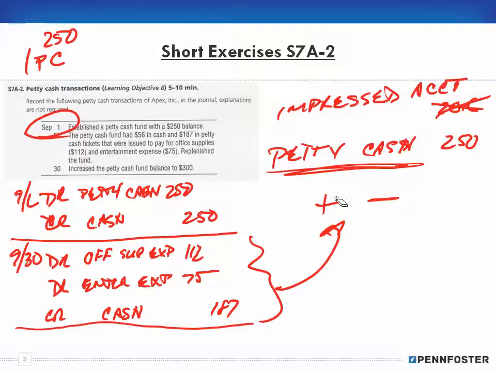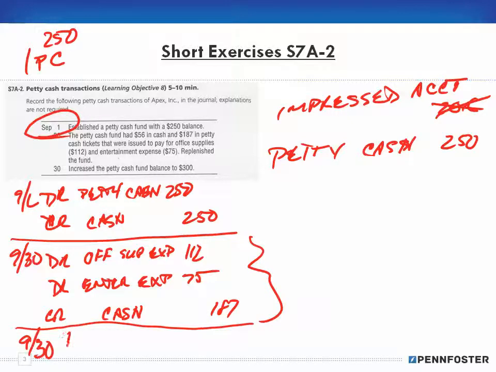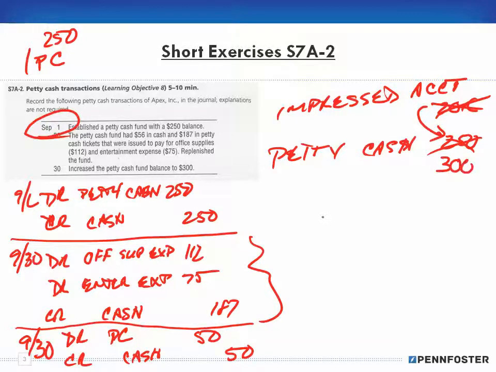We don't put our expenses in that petty cash. So in this case, our first entry on September 1st was to set it up for 250. Now, yes, we can increase it, and in this case it's going to be the exact same kind of journal entry. So 9/30, we're going to debit petty cash for $50 more, and we're going to credit our cash for $50 more, because we're going to take $50 more out and put it into our petty cash to make it $300.